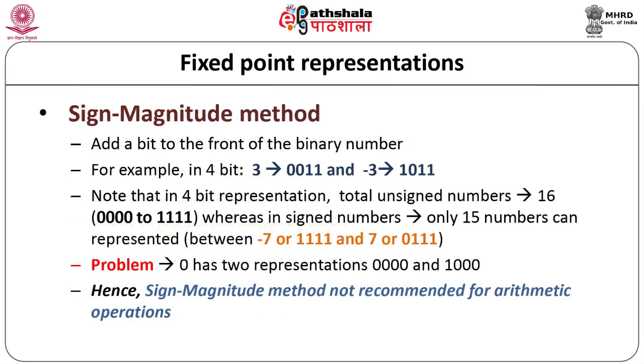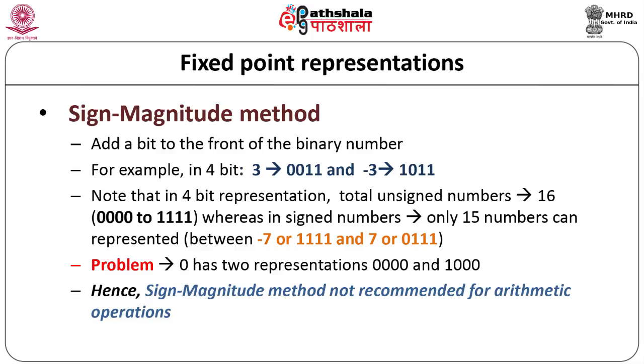The first signed integer format is the sign magnitude method, where we add a bit to the front of our numbers that represents a sign. In 4-bit, the decimal number 3 is represented as 0011 and -3 is represented as 1011.